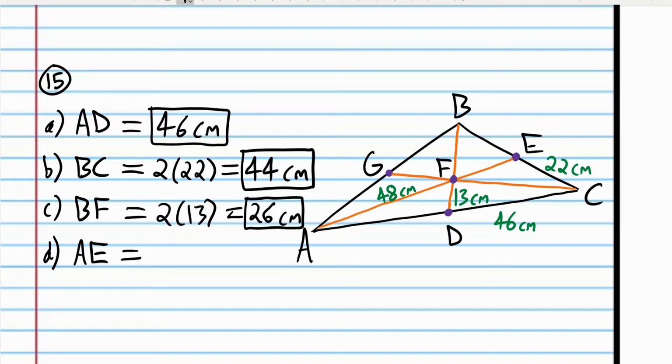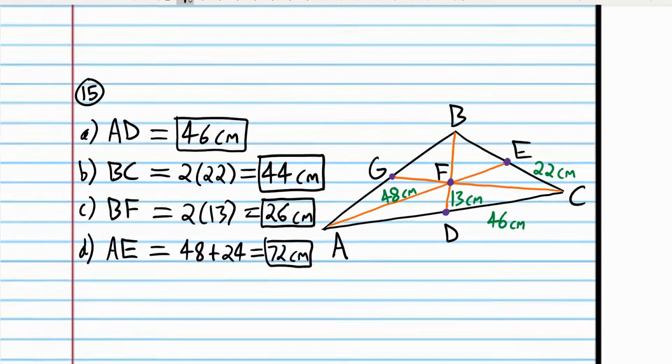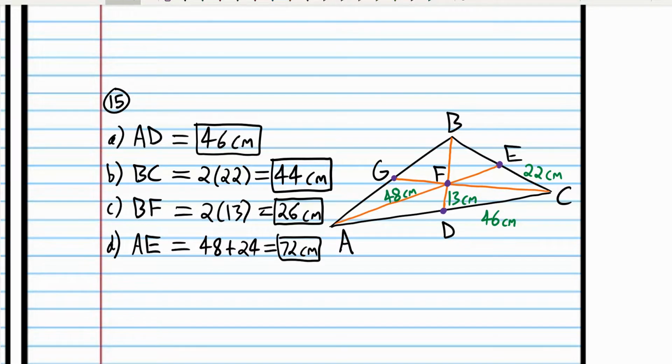So we have, let's see, 48 plus 24 is 72 centimeters. I'm going to move this A over a little bit. 72 centimeters. So if you got those answers, good job.